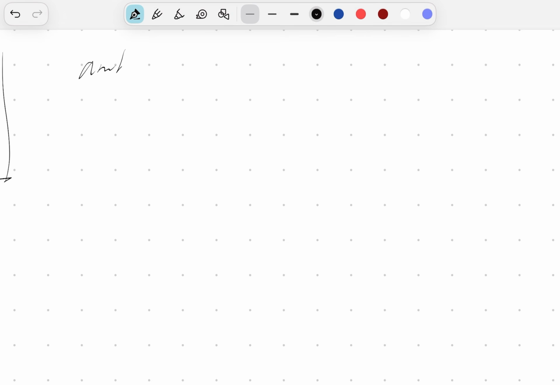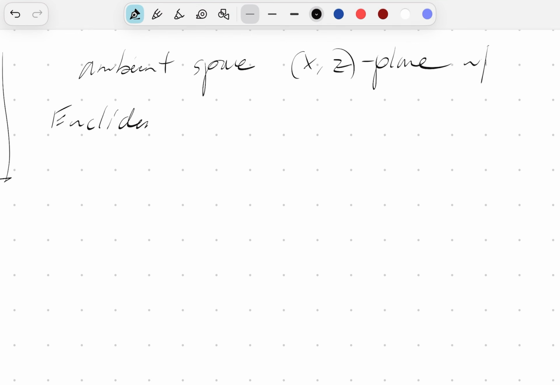Let's say we have an ambient space that the particle is in, the xz plane with Euclidean metric, and potential minus mgz.